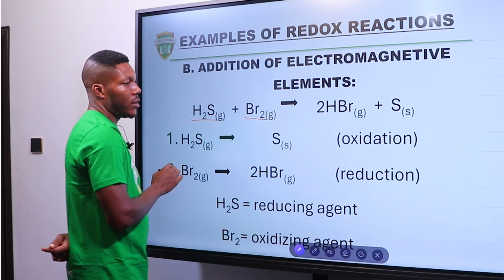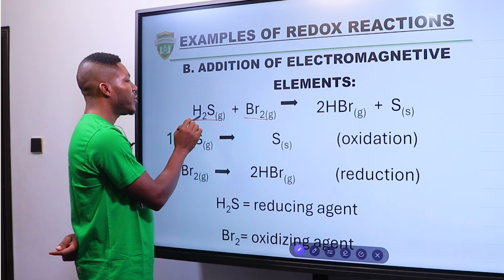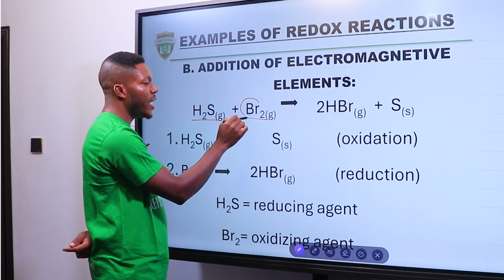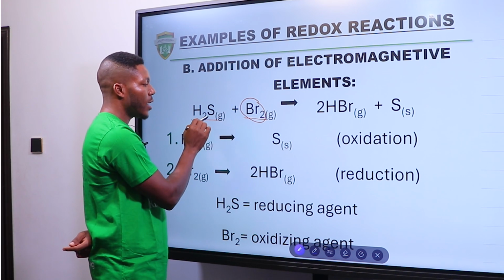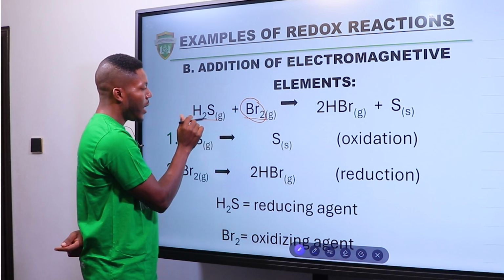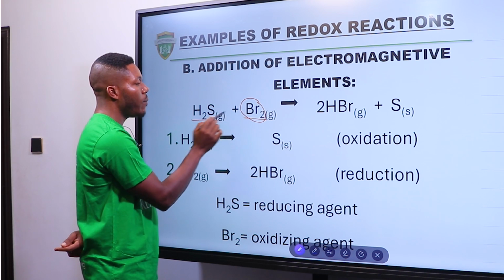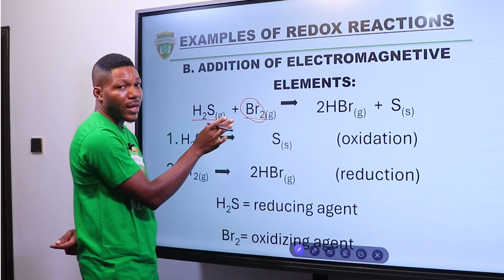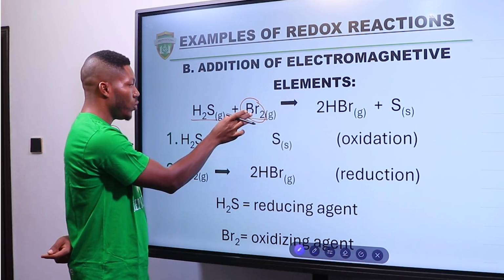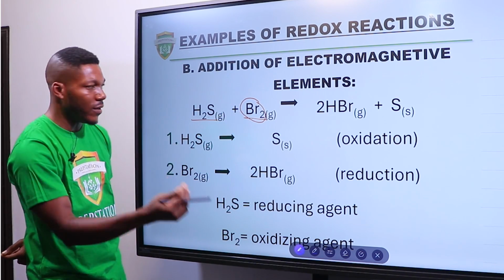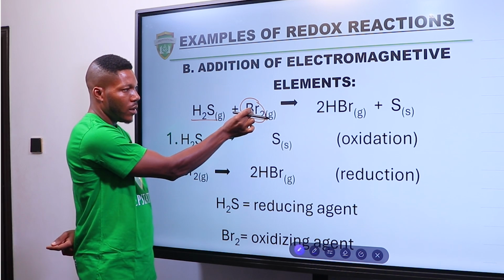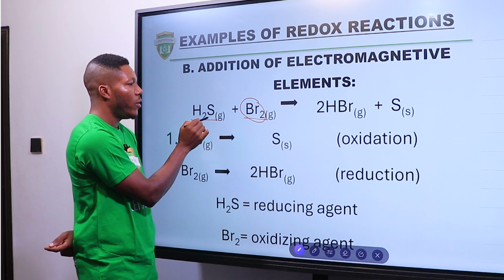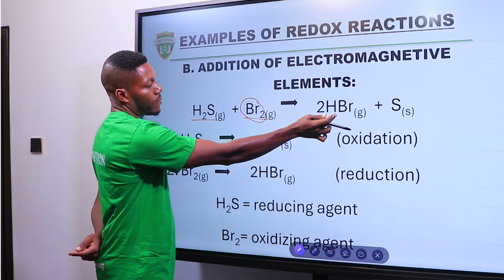Between hydrogen sulfide and bromine, bromine is more electronegative, take note, than sulfur. These two elements are non-metallic and electronegative in nature. They carry negative signs. But which of them is more electronegative? It is bromine. That is why bromine is able to displace sulfur in the product.